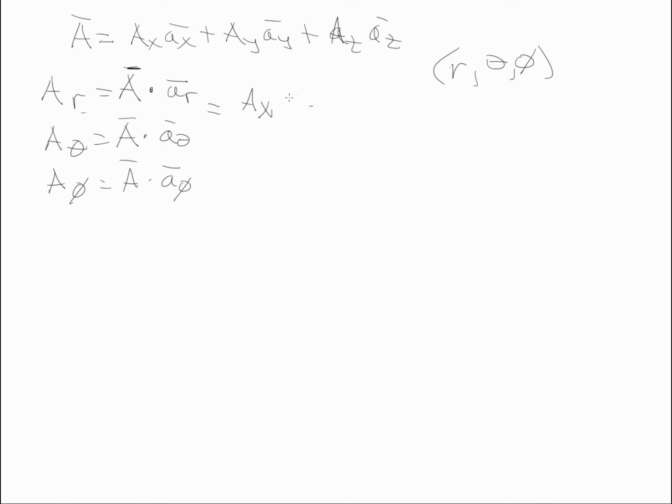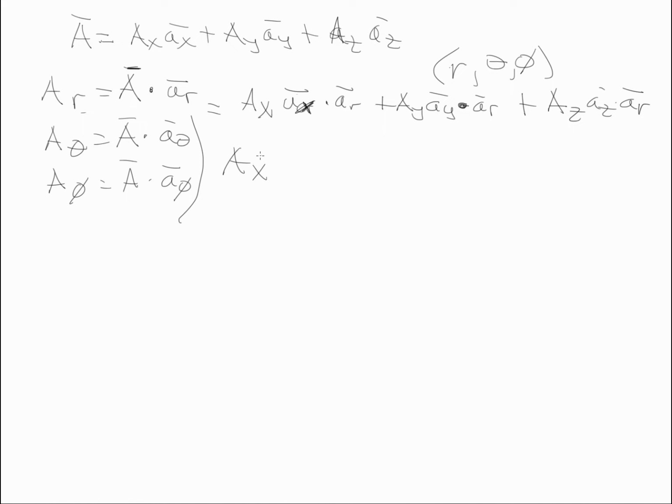So you got AX dotted with ar plus AY dotted with ar, and then plus AZ dotted with ar. And if you wanted to find the other components, you just carry out the same procedure again.